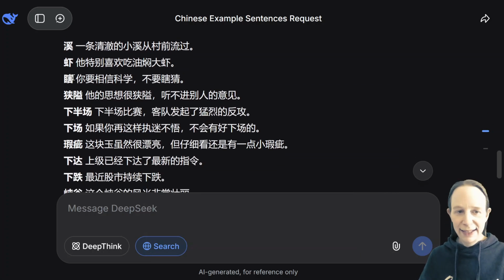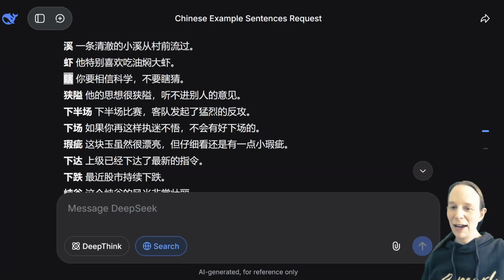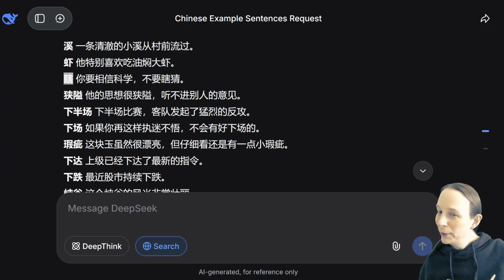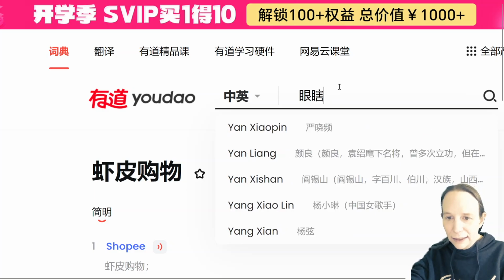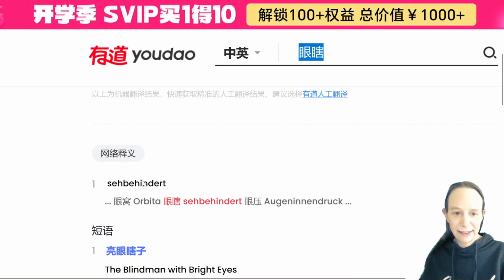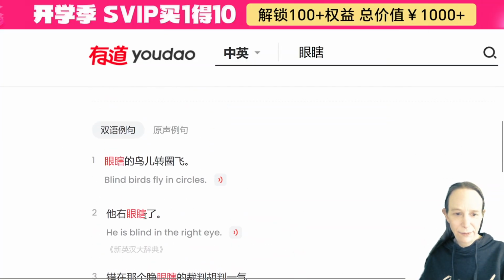All right. 瞎 kind of means blind, but it's often used for blindly doing something. You can use it like 眼瞎. This one, 眼瞎. Right? Or have I got it right? Oh, 左眼瞎了.